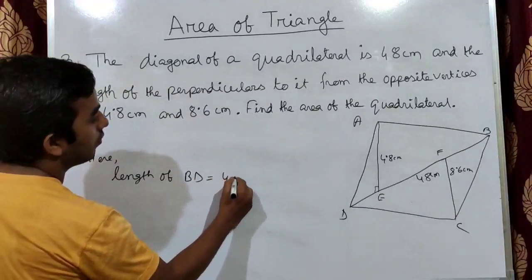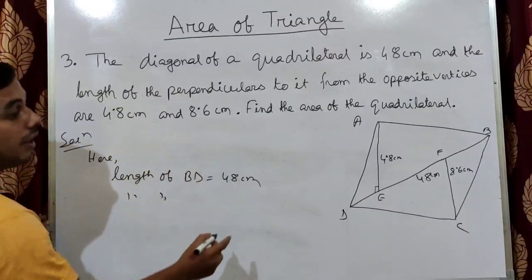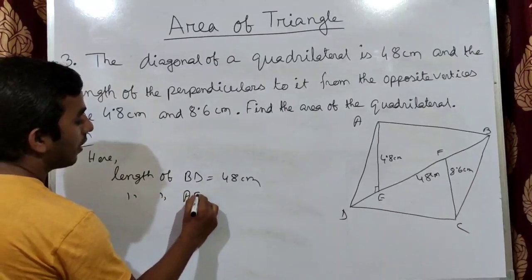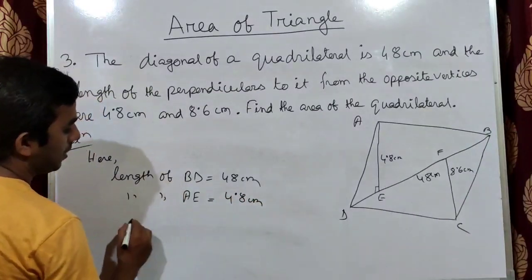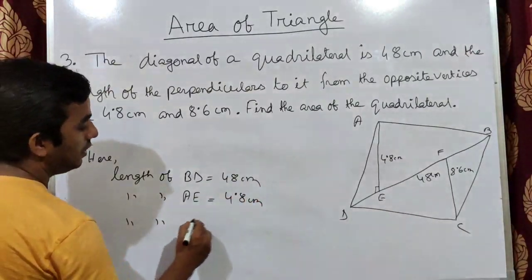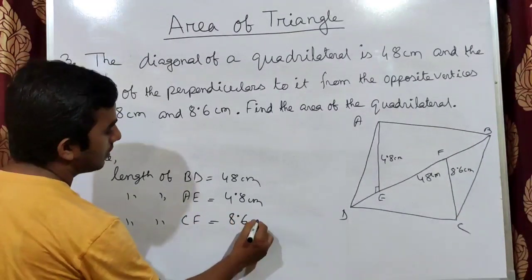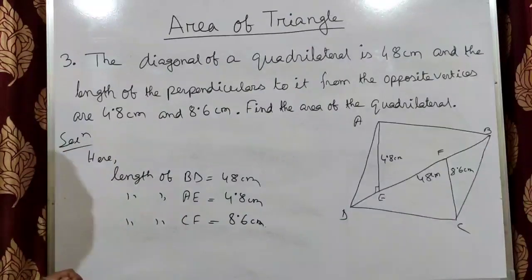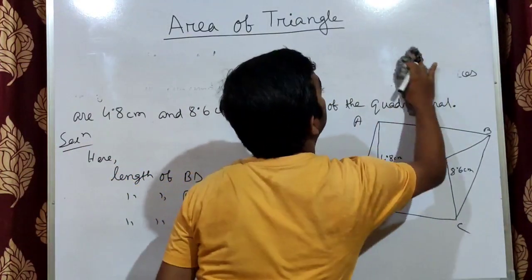Length of BD is 48 centimeter. Length of AE equals 4.8 centimeter. Length of CF is 8.6 centimeter. Clear? Okay.